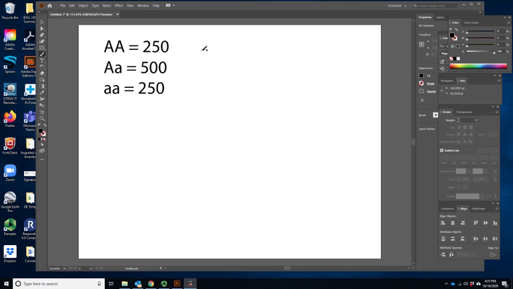Okay, so we're going to put in our frequency. Let's make this black here. Okay, so 0.25 is the frequency of the big A allele, right? 25%, 250 out of 1,000. We're going to add in half the frequency of our heterozygotes, which is 0.5 or half. So 0.5 times 0.5.